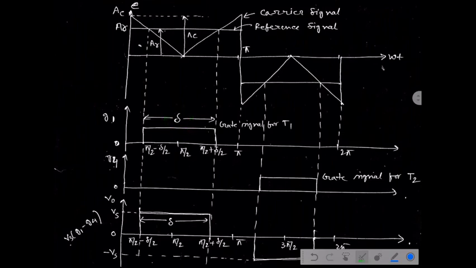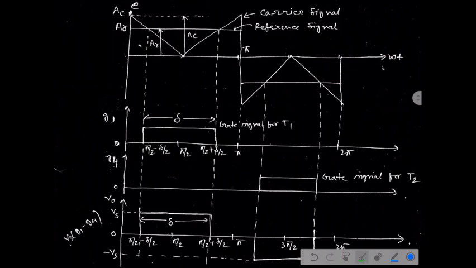So this part will be delta by 2, again this part will be delta by 2. That means this point should be pi by 2 minus delta by 2, and it will be pi by 2 plus delta by 2. So this is all about the gate pulse across switch S1.